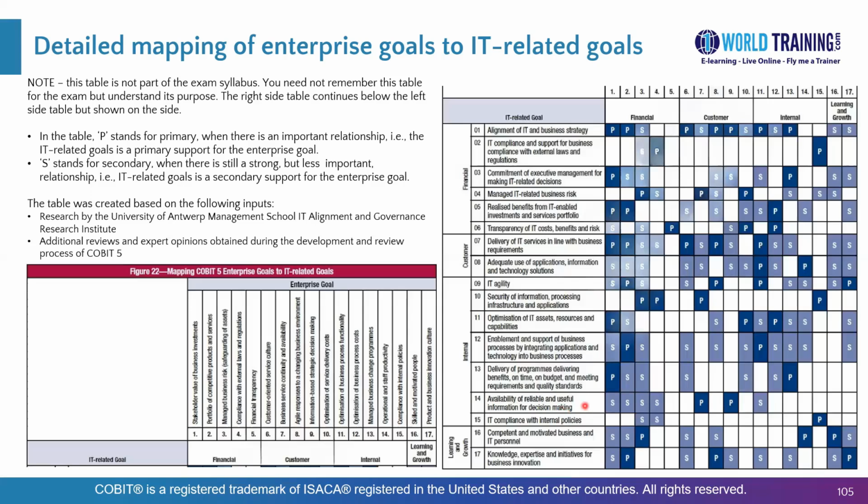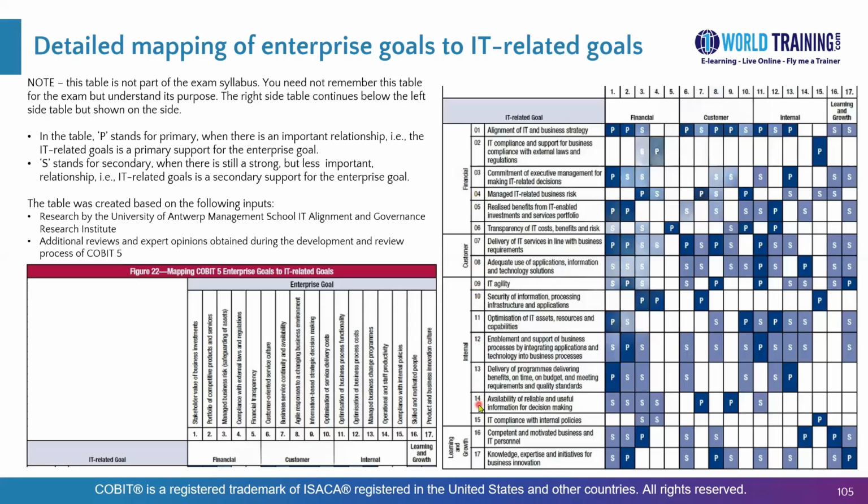What those P's mean is that those 3 IT-related goals against those P's are strongly connected to this number 7 enterprise goal. So the number 7 enterprise goal strongly maps to those 3 IT-related goals, specifically IT goal number 4, IT goal number 10, and IT goal number 14.